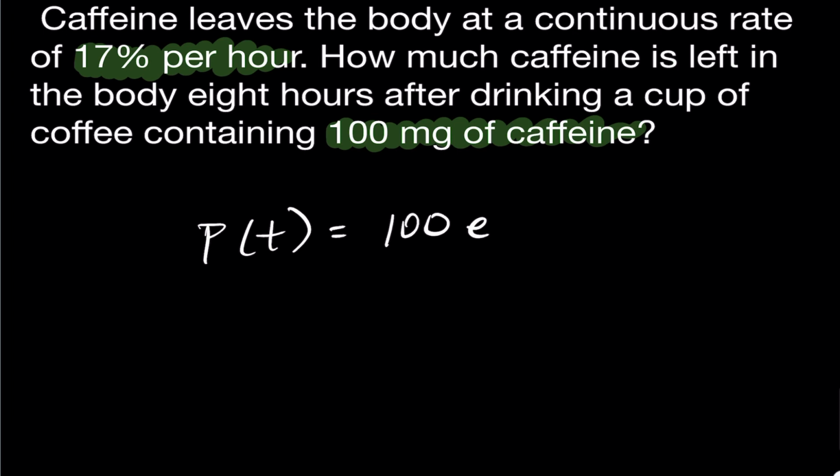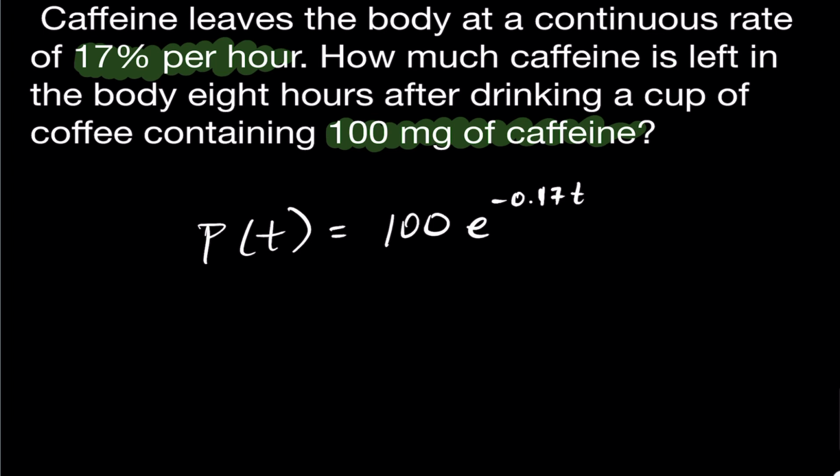My k value here is going to be negative 0.17. So again, how I got that was I took my 17% and divided by 100. And then because it is leaving, they use the words leaves the body, we know that it has to be a decay function. So I had to multiply that by a minus sign, and then that's for a given time t.